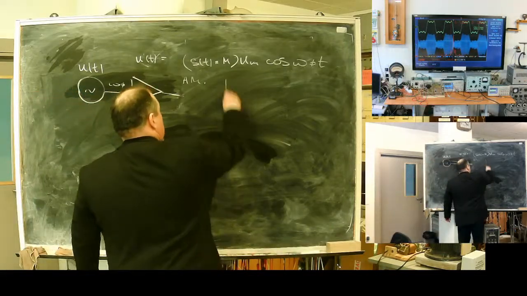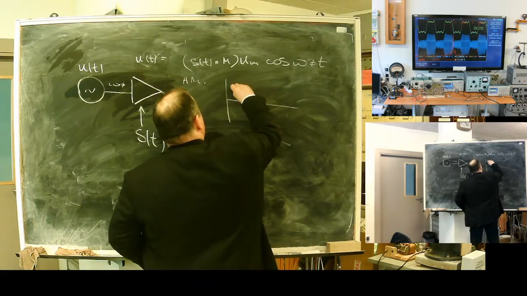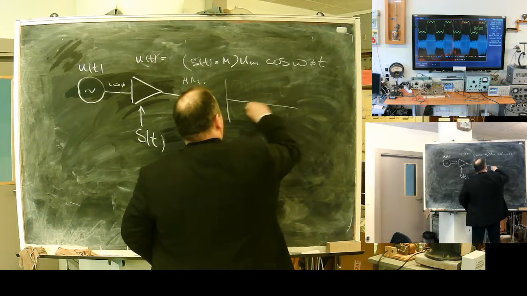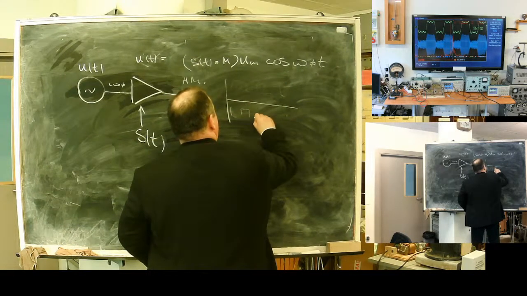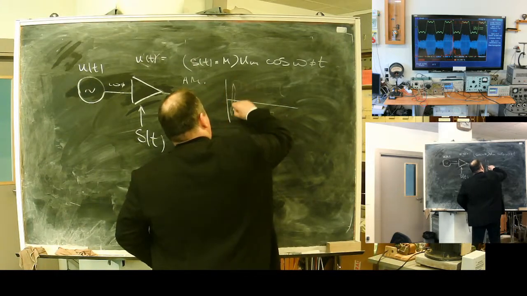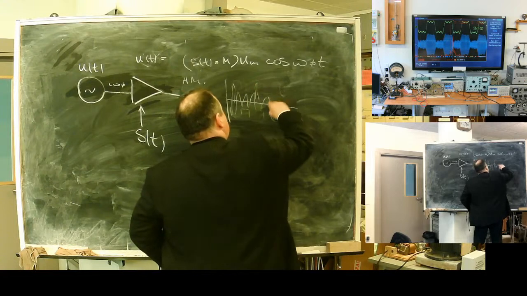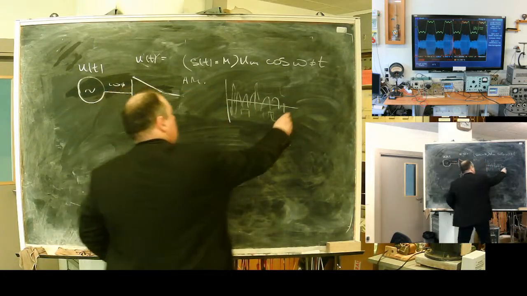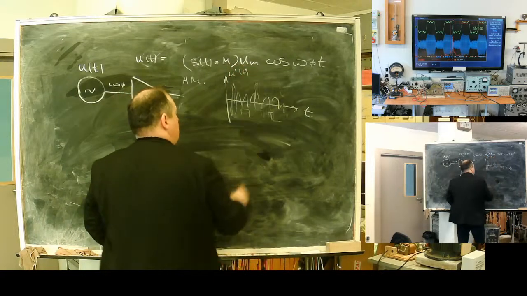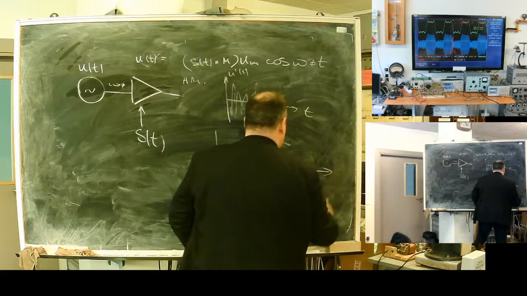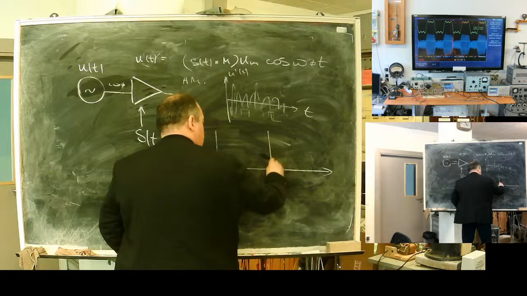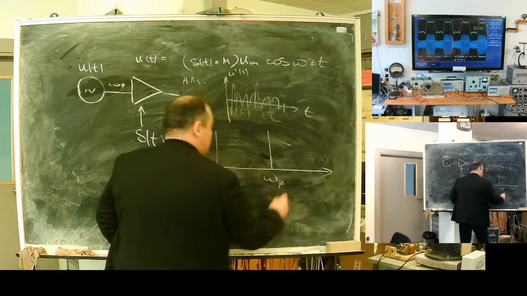So what do I get? Here is a function of time. If I perform a spectrum analysis, I'll get, in theory, one line at omega 0.